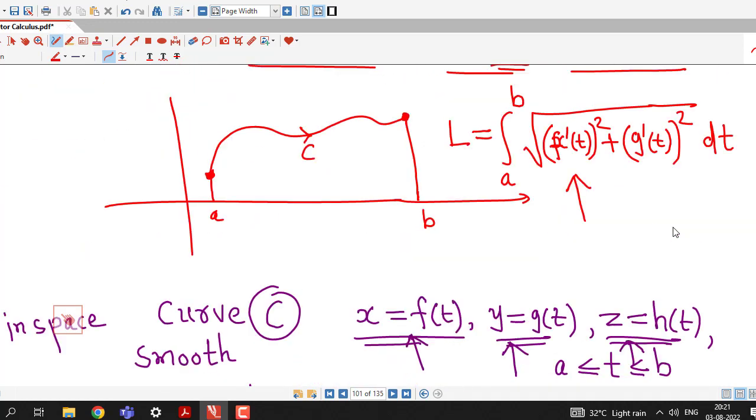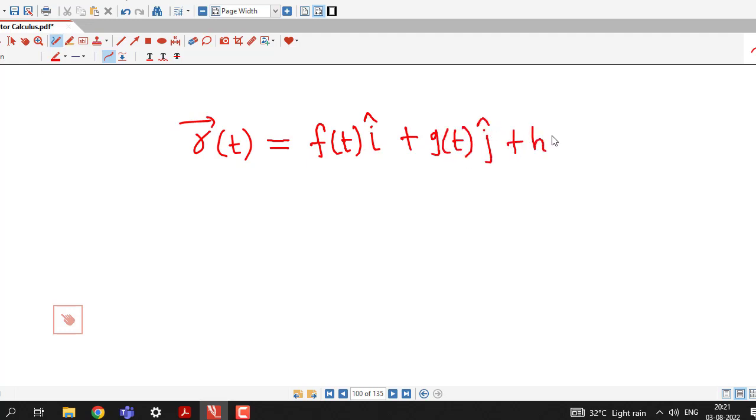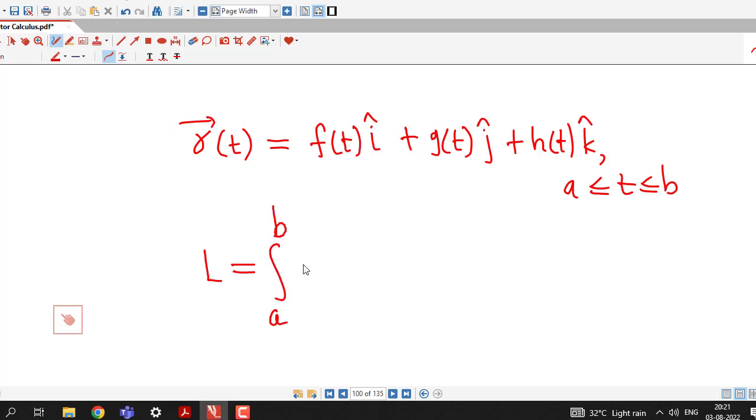So whenever we have a curve in space, we will have its parametric representation, r bar t equal to f of t i plus g of t j plus h of t k, and t lies between some two real numbers a and b. Then the length of the curve in space is given by L equal to the integral from a to b.